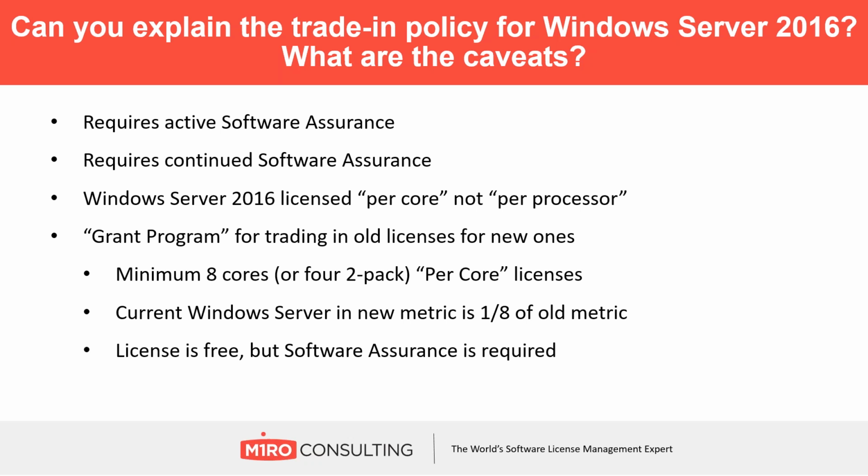As we mentioned, software assurance must continue on those licenses, and those fees must be paid, right? So it's entirely possible, in fact probable, that your software assurance investment will increase. So budgeting correctly for that is very, very important.